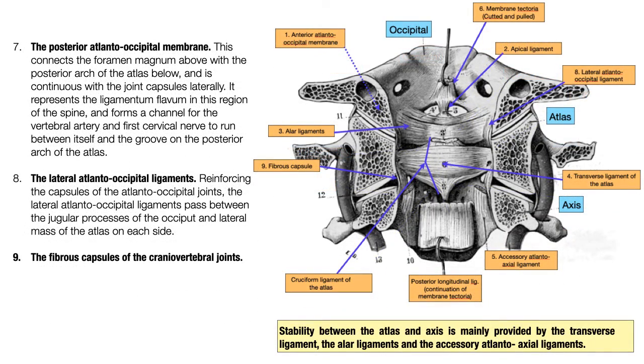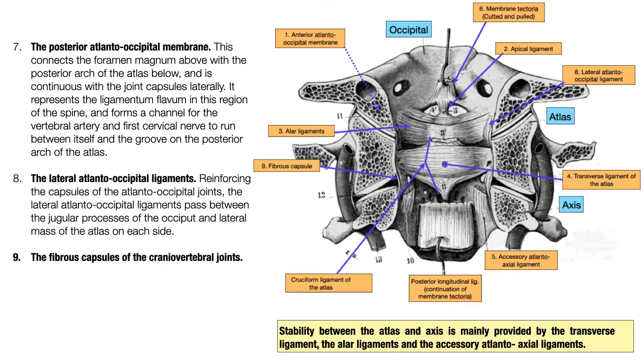All right, then the posterior atlanto-occipital membrane represents the ligamentum flavum at this specific level. We can see it here because the posterior half of the vertebrae is removed, and this ligament is joining two laminae in the whole spine. So here it is cut.